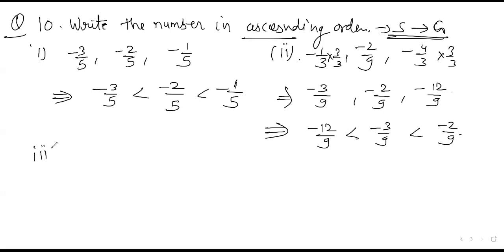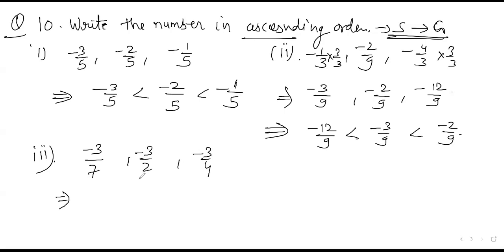Third part, the last question of this exercise: minus 3/7, minus 3/2, minus 3/4. So let us try to make the denominators the same. So we have to find the LCM of these numbers.